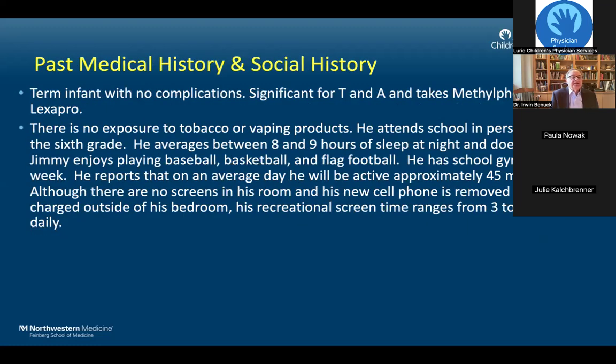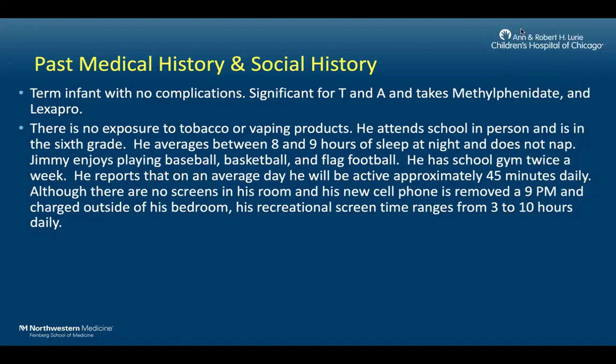Past medical history, he had a TNA. He's on a couple medications, and there's no tobacco exposure. By the way, tobacco really wreaks havoc on the endothelium lining of the coronary arteries.